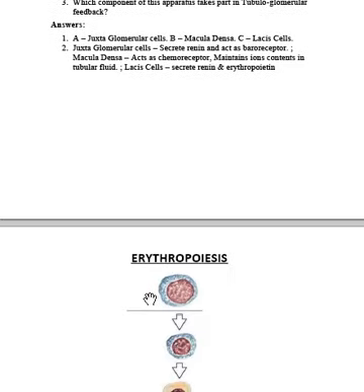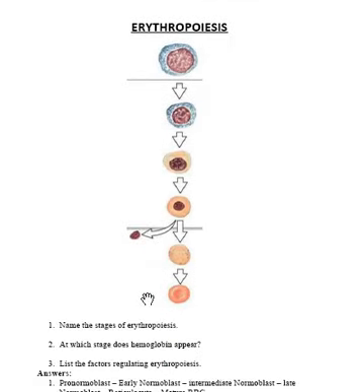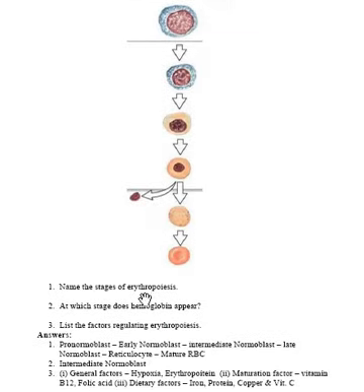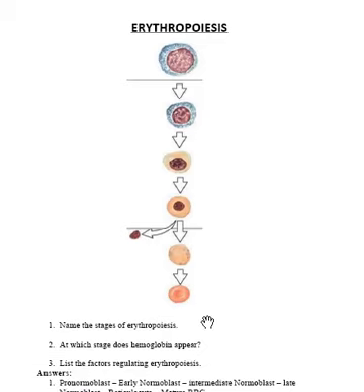Okay, and the next slide is erythropoiesis. So here they are asking to name the stages of erythropoiesis, at which stage hemoglobin will appear, and to list the factors regulating erythropoiesis. So if we know the stages, it is easy to identify where hemoglobin will appear.